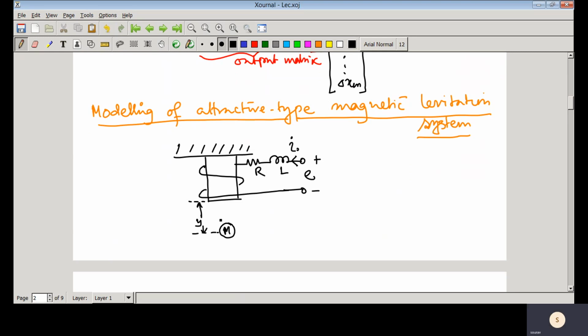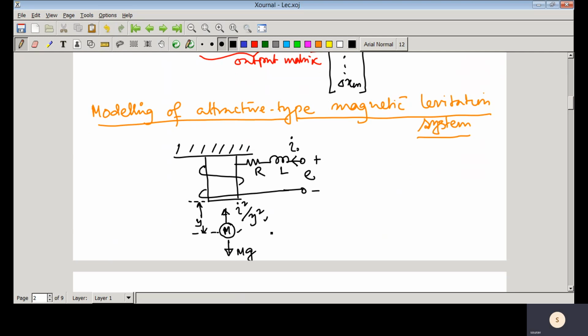Due to the weight of the ball there is one force, mg, where g is the gravitational constant, and one force will be generated by this solenoid magnet, that is I square by y square, where y is the distance from the magnet to the ball.